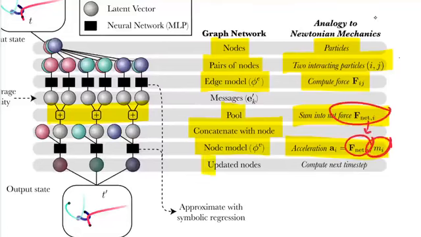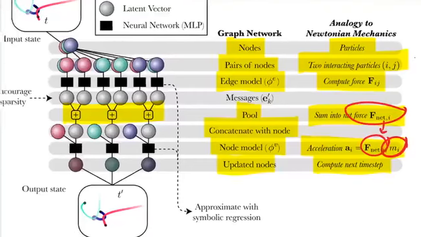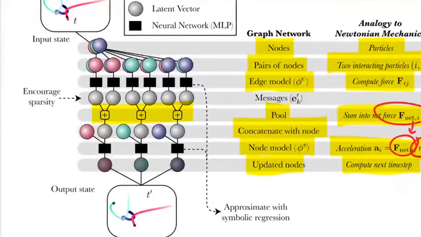And then optionally you can update the nodes, which is compute the next time step, which we don't do right here because we simply want to output the acceleration, I guess. I mean, it should be equivalent to output the next time step and then compare with the data set what the next time step was. In any case, you have to have some kind of loss function. And here you can see all the black squares right here are going to be neural networks.